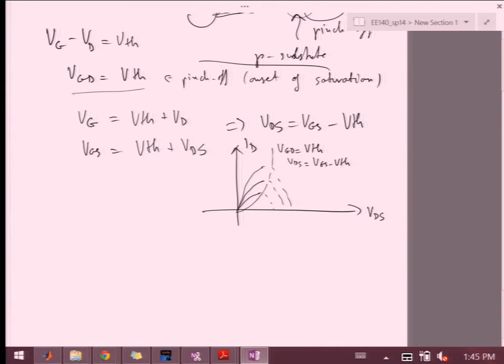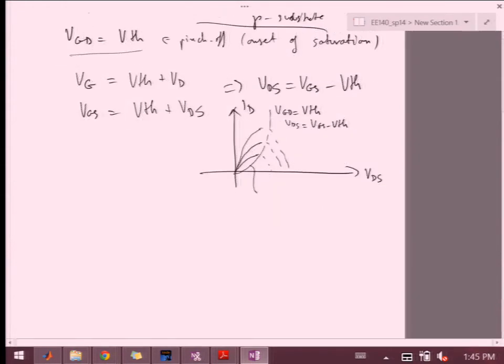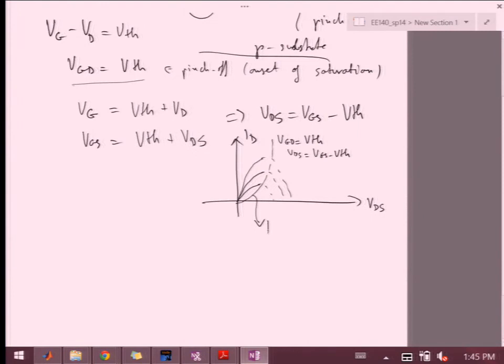If I plug this condition back into the formula for my current, what I'm going to get is that ID equals K prime W over L times VGS minus V threshold squared minus VGS minus V threshold squared over 2.